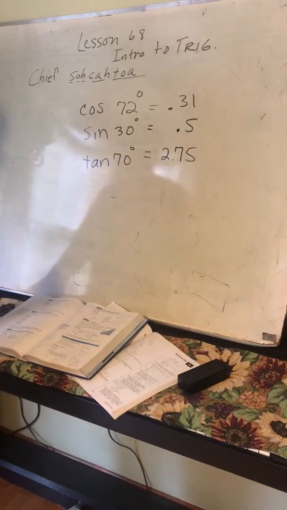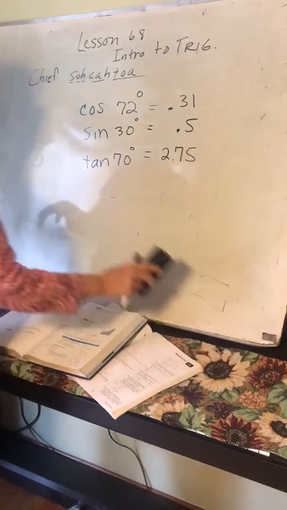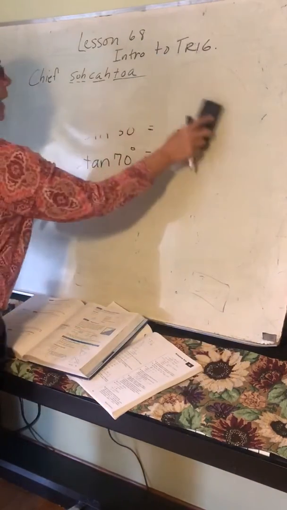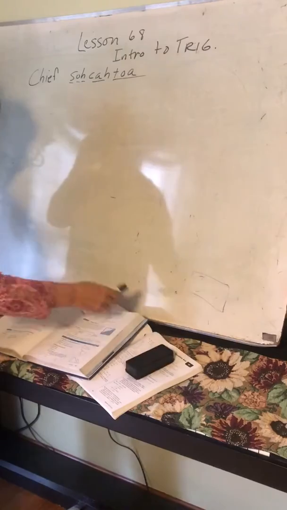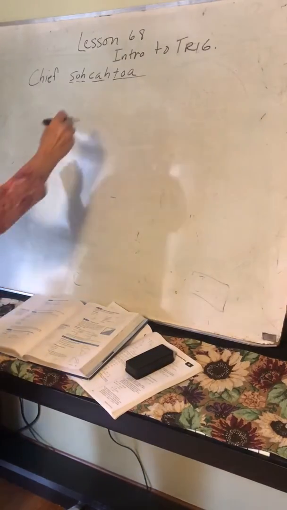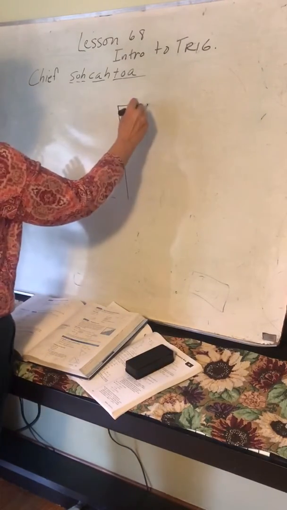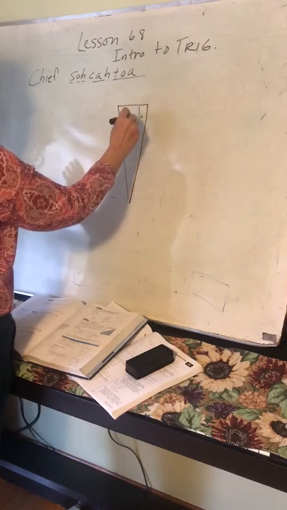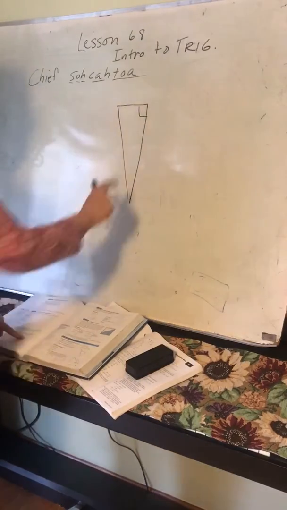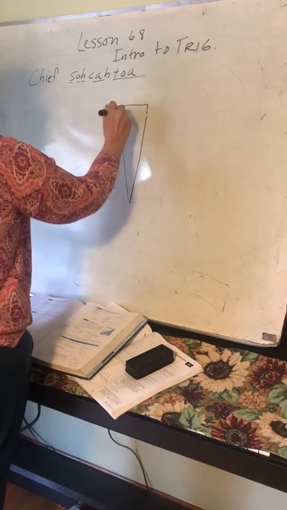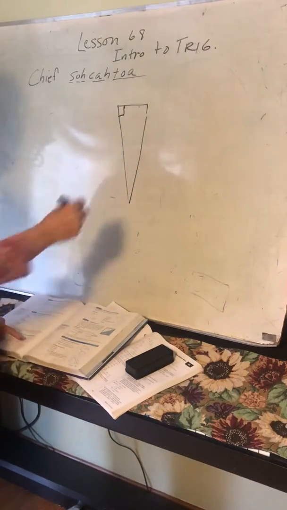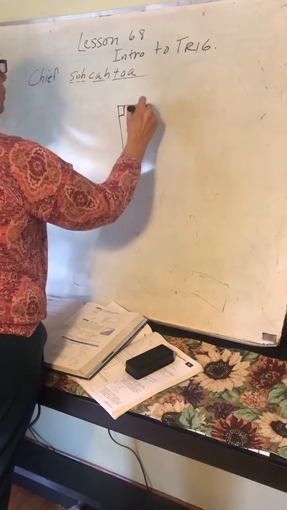Okay, then the next thing we're going to do is take a triangle, and it is a right triangle. This angle is 72 degrees right here.